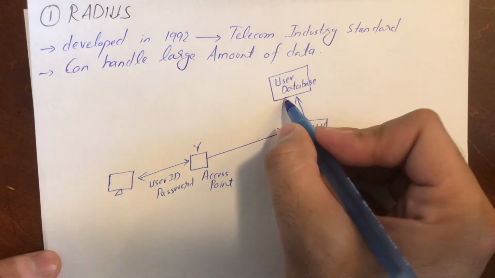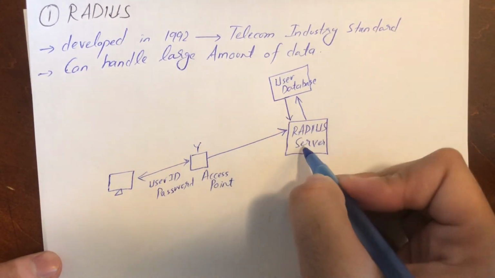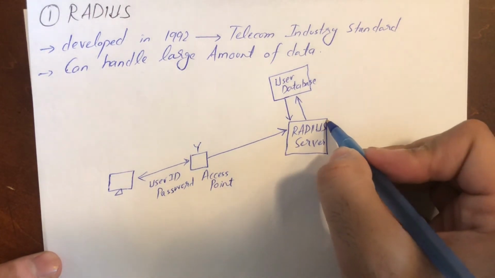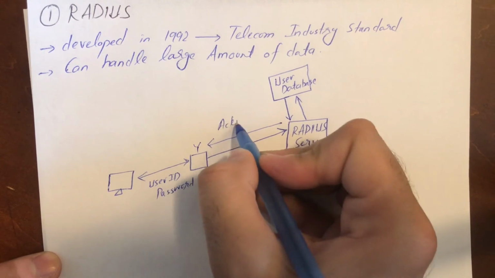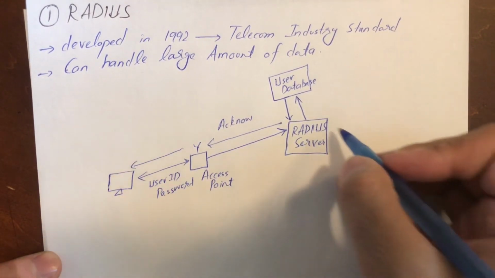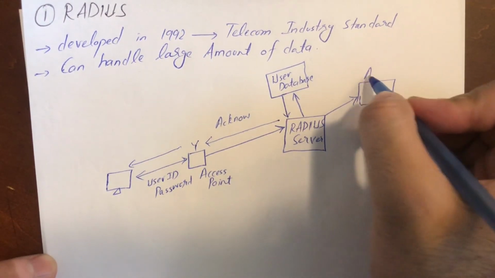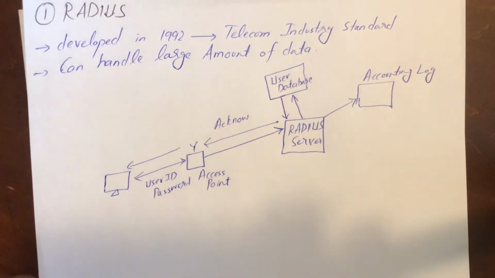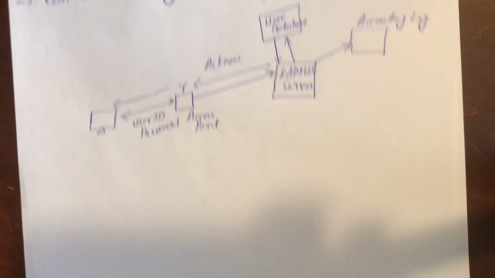If a match occurs, the Radius server sends an acknowledgement to the access point and allows the user to access the internet, and also activates the accounting logs to record the user activity. So this is how a Radius server works.